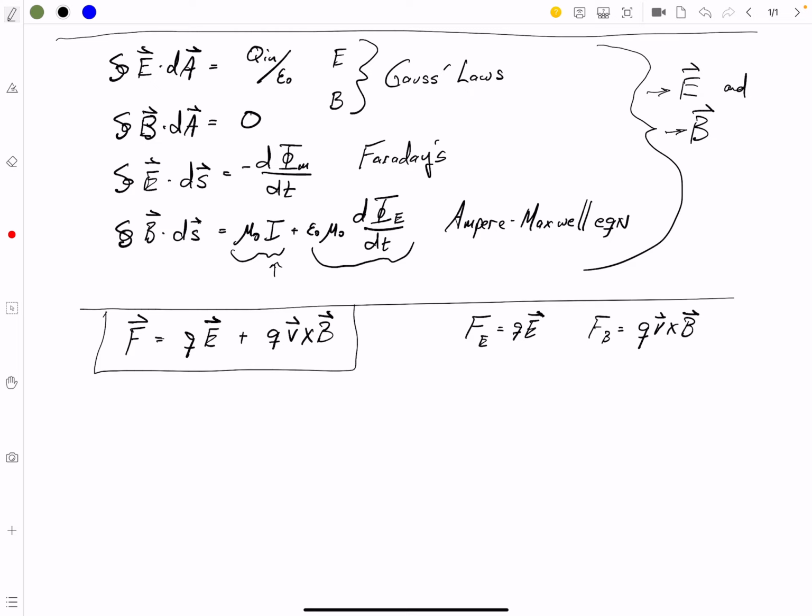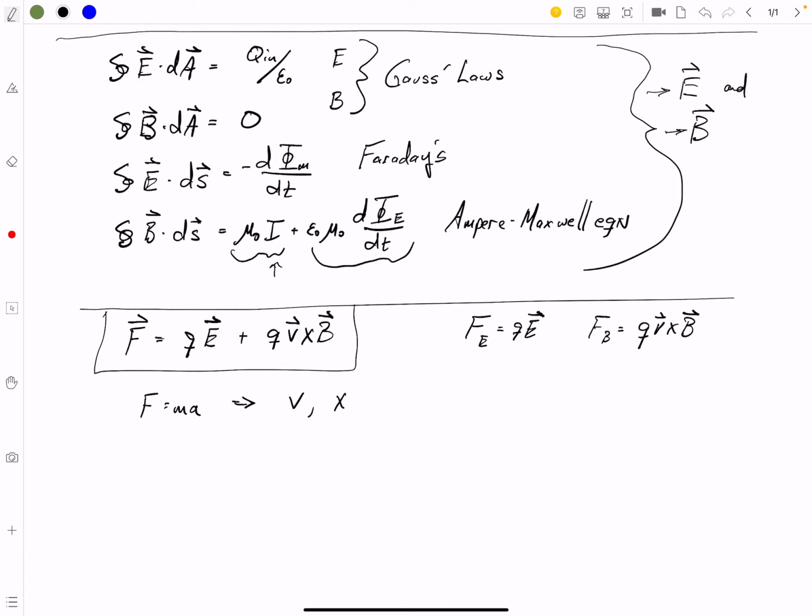And through the fact that F equals ma, from there we can start figuring out our velocity and then our position.